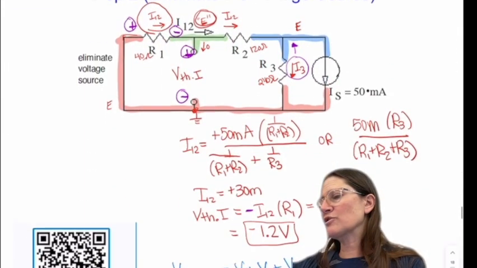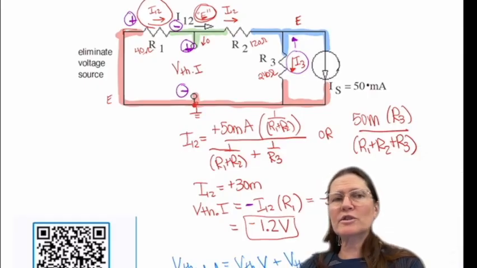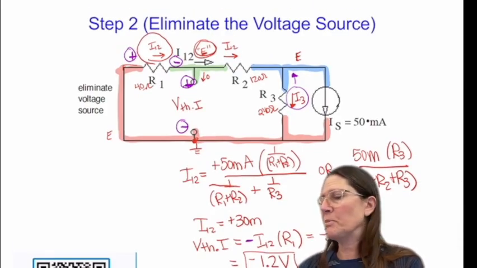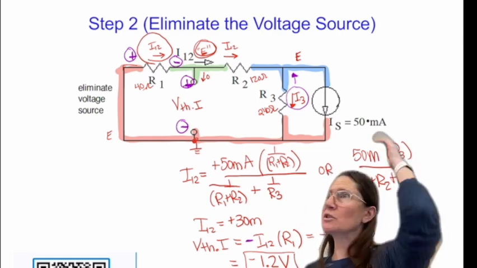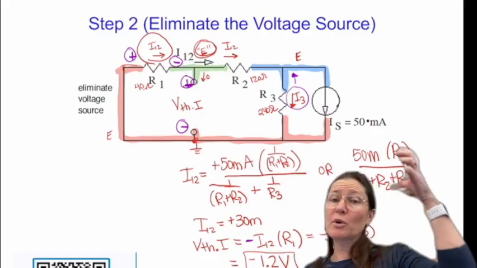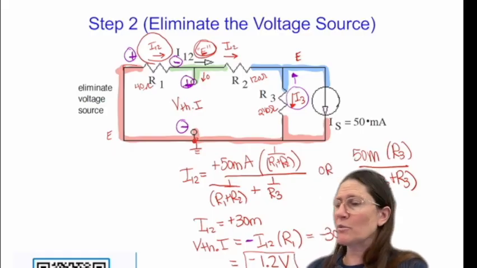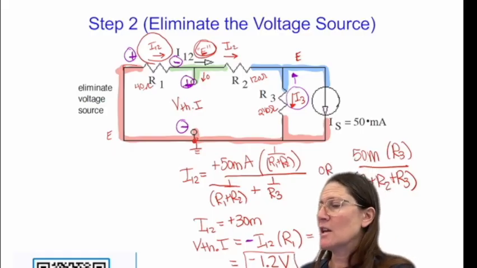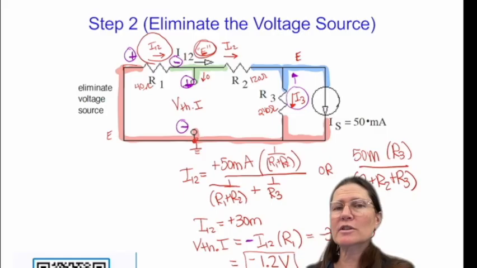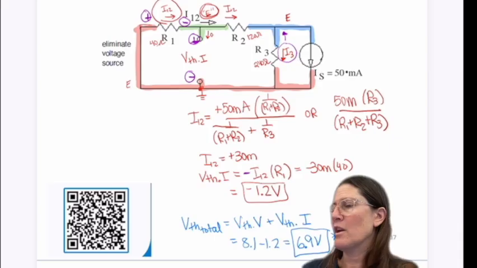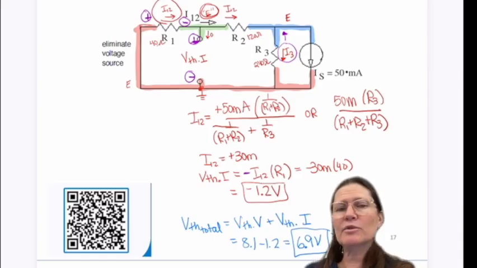Then I redrew the circuit with the current source and removed the voltage source, and that gave me this circuit. Again, I put in a ground because I need to have a reference point to get to whatever voltage I'm finding. So that gave me the 0 volt on the negative side of where I was trying to find it. This ended up being a current divider, so I used the current divider equation. And then I summed those two results to get to the end value.